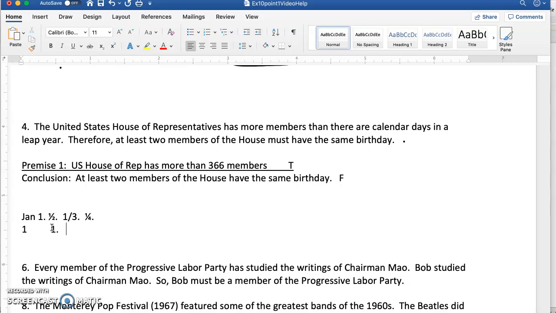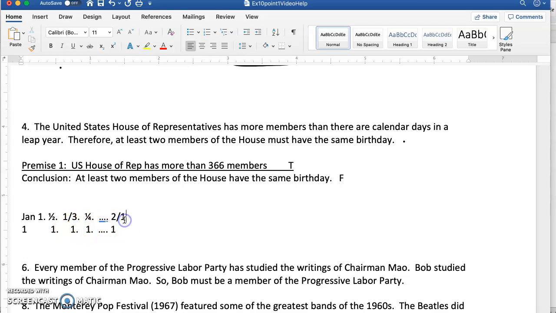and we go on to February 1st, etc., right? So we put one member of the House's birthday in each of those.